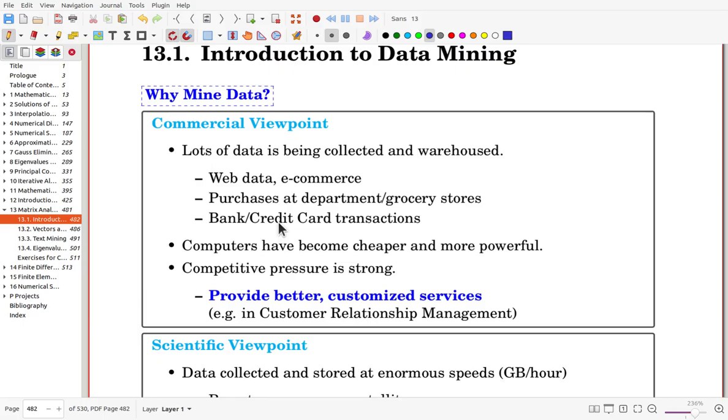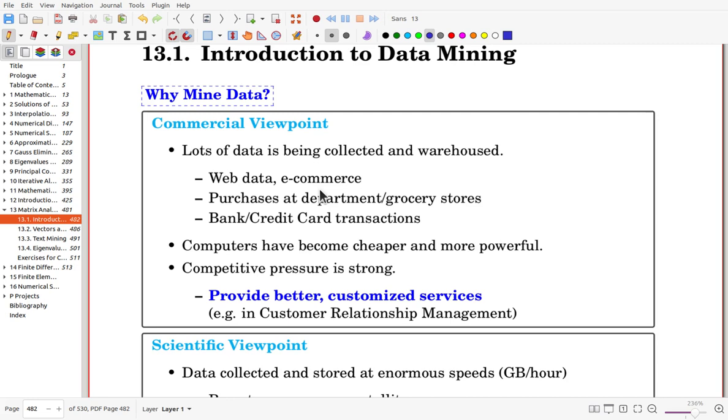Why do we have to mine data? If we try to answer the question from a commercial point of view, we can say this: lots of data is being collected and stored. Web data, e-commerce data, data for purchases at some grocery stores, and also data for bank credit card transactions.